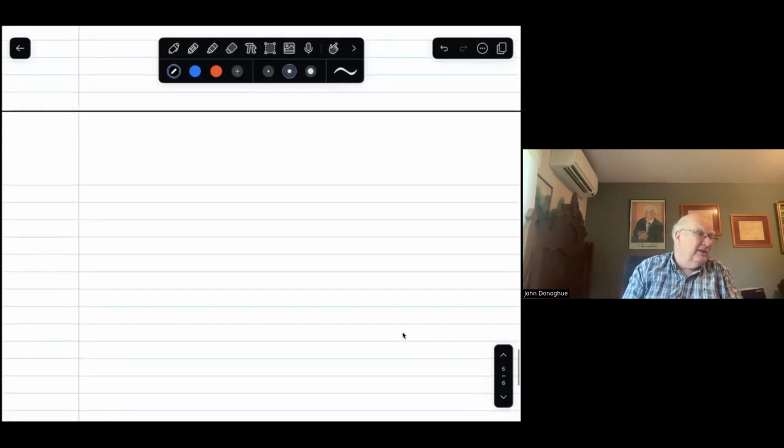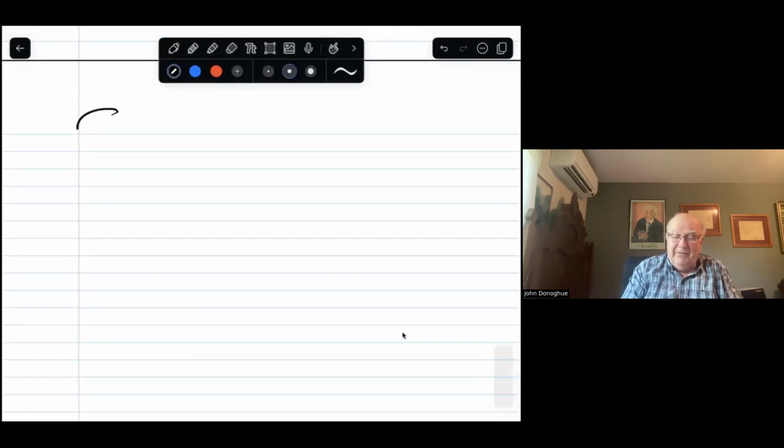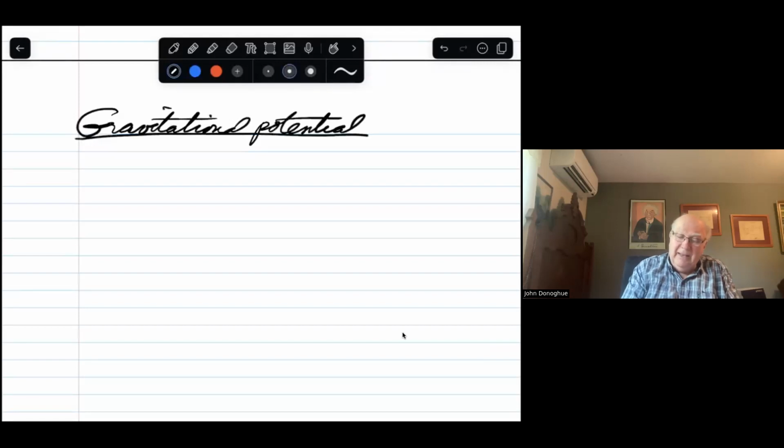And so let's try doing that. I'm going to do the gravitational potential. My favorite real calculation is the gravitational potential. And technically, we're going to do the scattering potential.